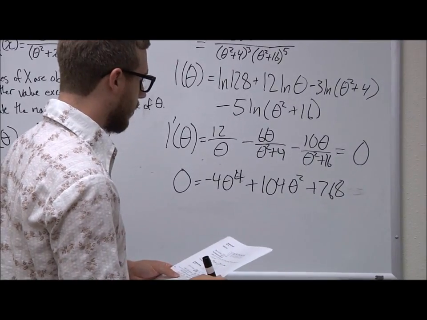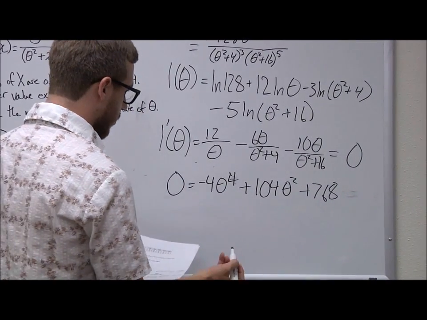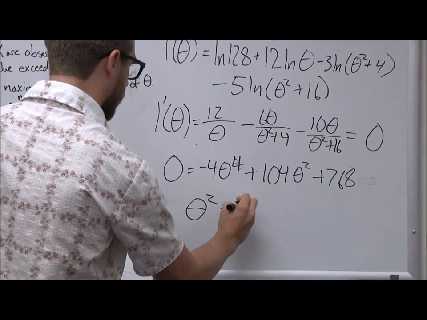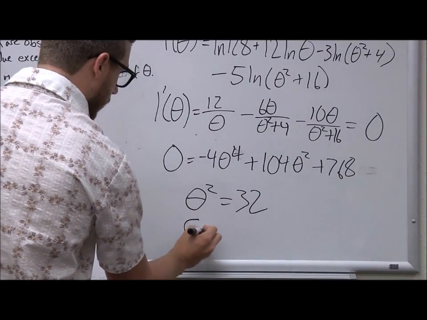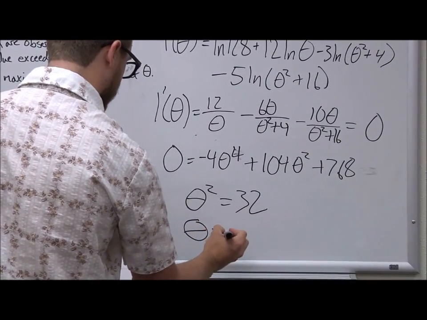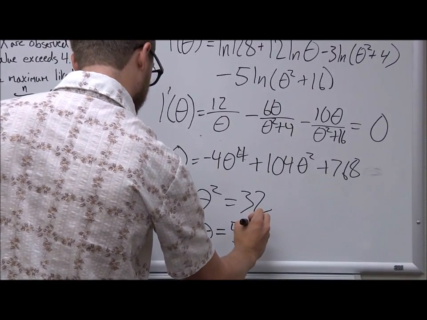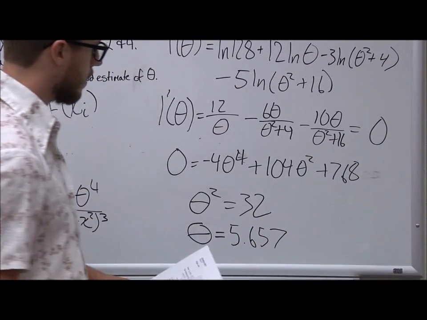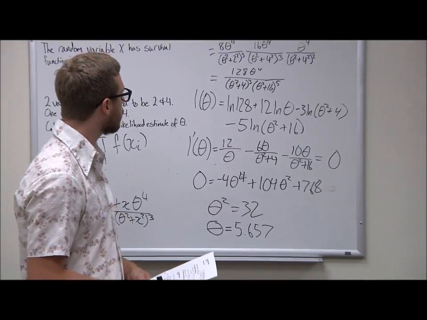Now we can find theta squared by using the quadratic formula, and the quadratic formula gives that theta squared equals 32. So theta is around 5.657. So 5.657 is the maximum likelihood estimate. That would be your answer.